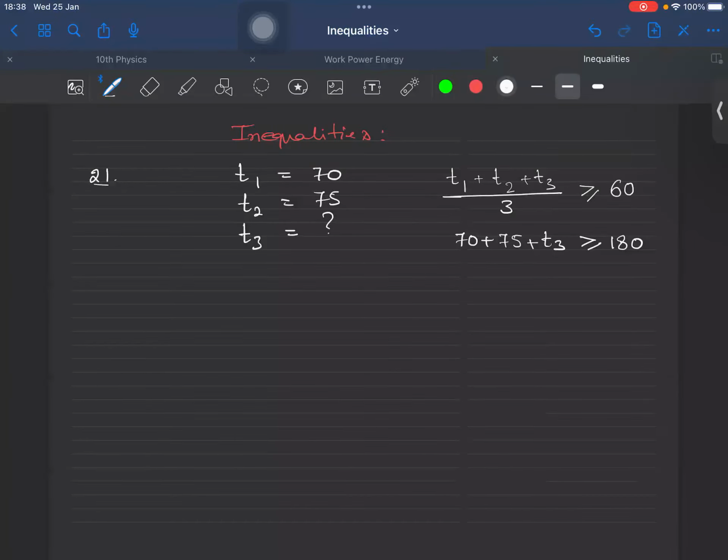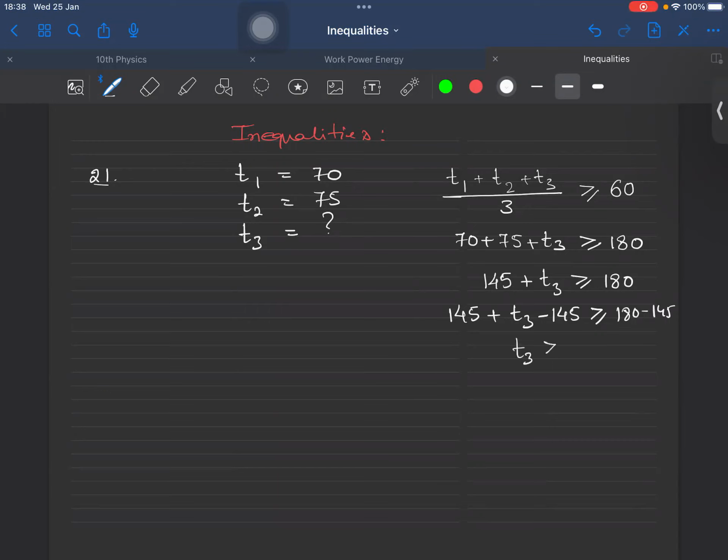So 70 plus 75 is 145, plus T3 should be greater than or equal to 180. Now if we subtract 145 from both sides, T3 is greater than or equal to 180 minus 145. How much are we getting?